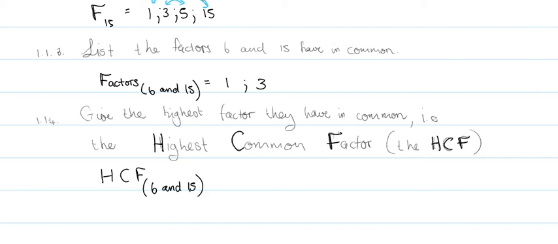If there were more numbers, I would have filled them in the bracket right there. So I write highest common factor of 6 and 15. Right now I have 2 common factors, namely 1 and 3. What is highest, 1 or 3? 3. Alright, so 3 is the highest, and therefore I'm going to write my answer is 3. Okay, so that is going to be the first part of that.